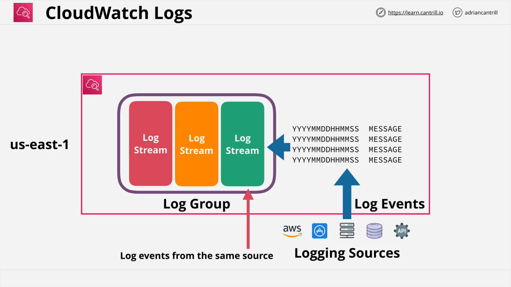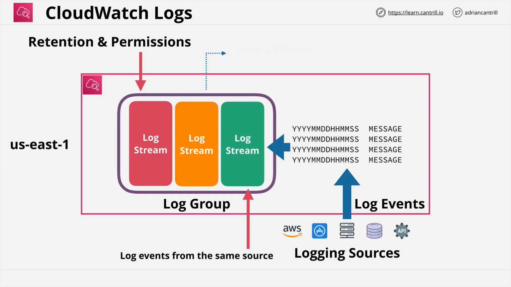Now, a log group is also the place that stores configuration settings. So it's on the log group where we define things like retention settings and permissions. And when we define these settings on a log group, they obviously apply to all log streams inside that log group. It's also on log groups where metric filters are defined.